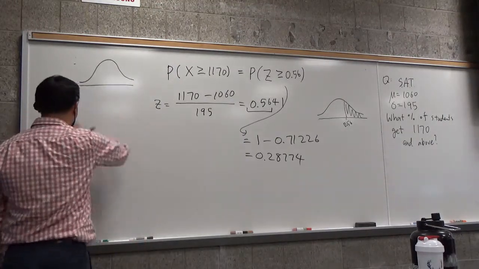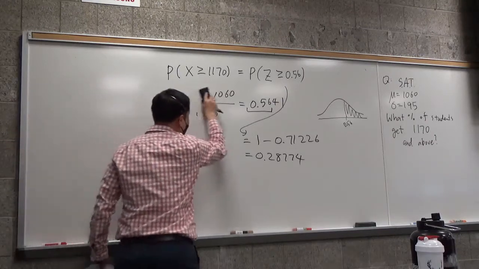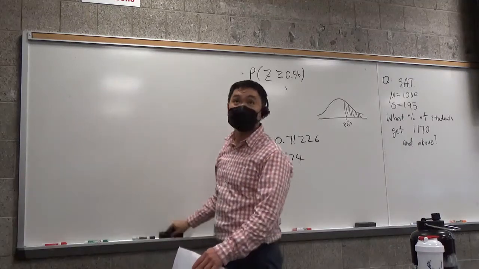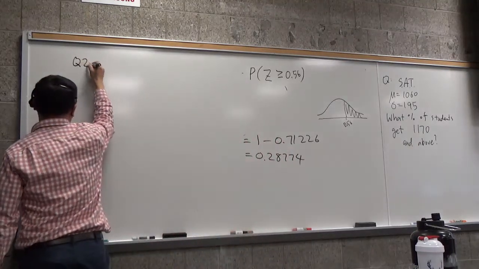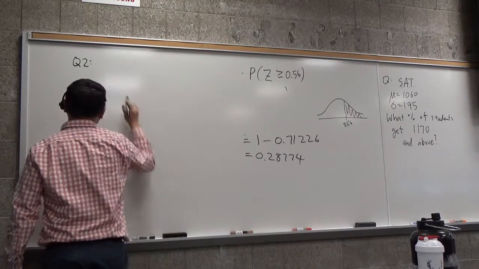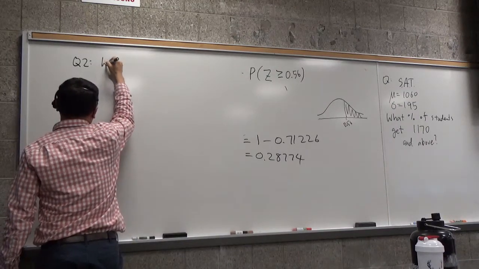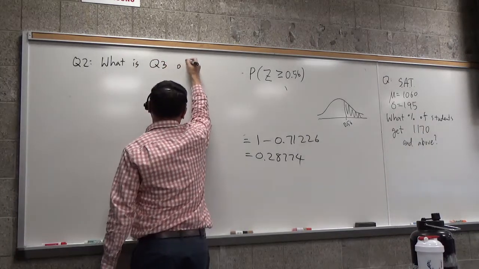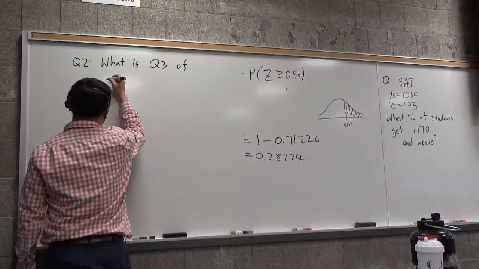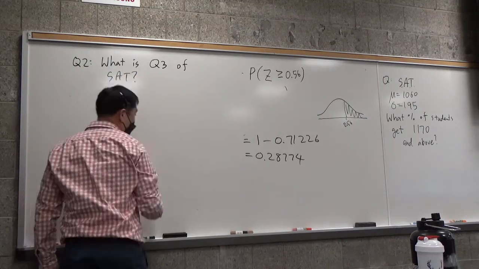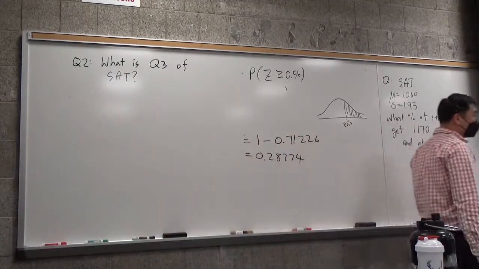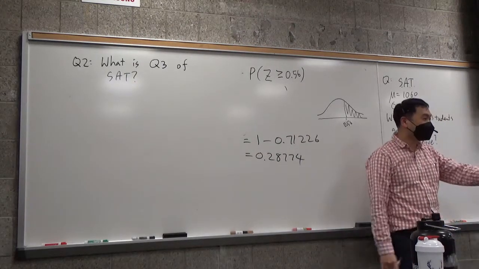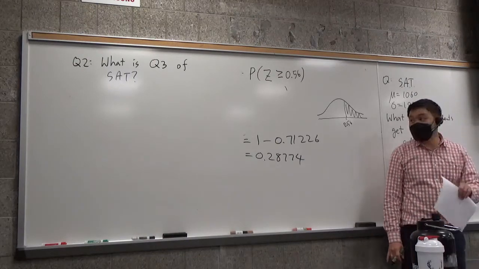Okay. Now, here's the second question, which is slightly different from what we've done so far. What is Q3 of SAT? Okay, so let's think about this question. What's the third quartile? What does that mean? Yes? 0.75. It's 75% from what?